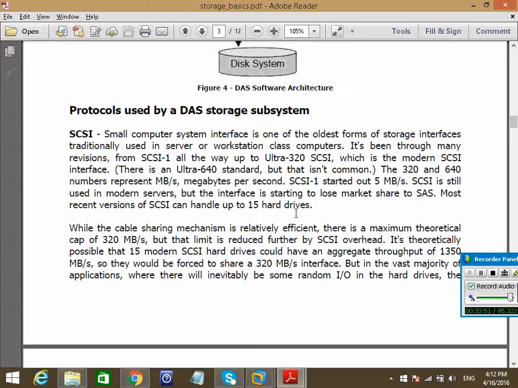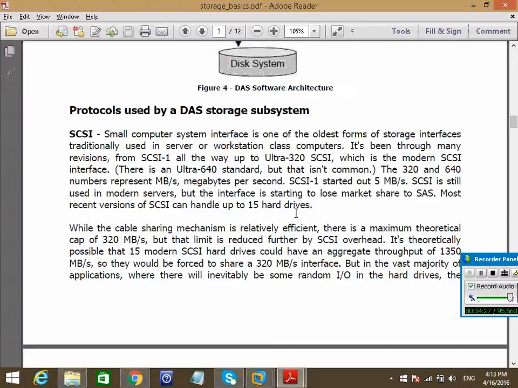So when the storage has the disk, if we are using SCSI disk, then it can handle up to 15 disks, not more than that. The storage, the collection of disks in the enclosure, can handle up to 15 hard drives.